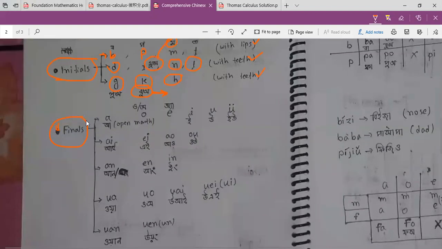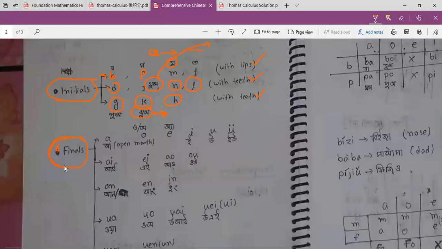So for the finals, we get something like this. This is o, this is a, e, u, and this is e. I think this is o, right? Yeah, o. It's like a paralyzed patient.